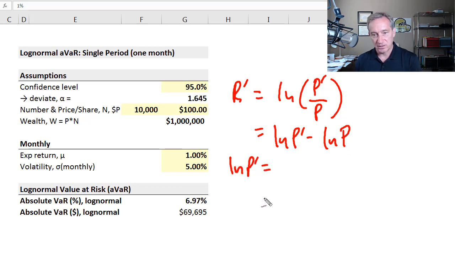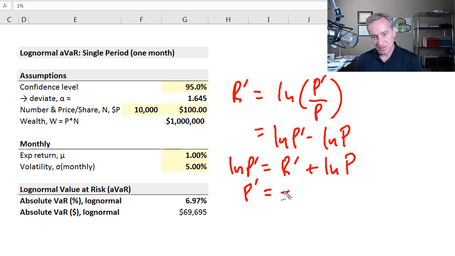Natural log of P asterisk is equal to our geometric return plus natural log of P. If I exponentiate both sides, that liberates my forward price to be a function of this exponentiated term.